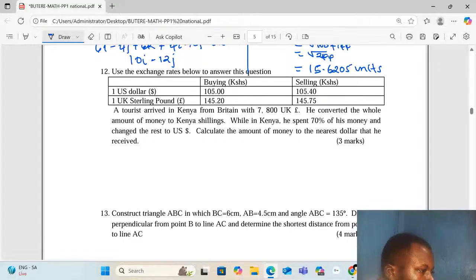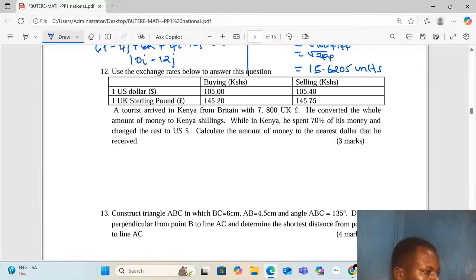Now, a tourist arrived in Kenya from Britain with 7,800 UK sterling pounds. He converted the whole amount of the money to Kenyan shillings. While in Kenya, he spent 70% of his money and changed the rest to US dollars. Calculate the amount of money to the nearest dollar that he received.